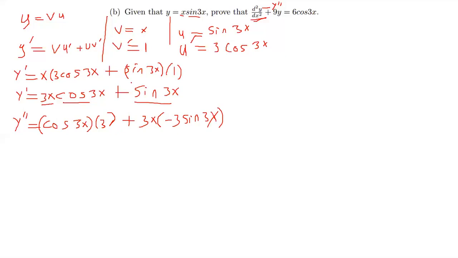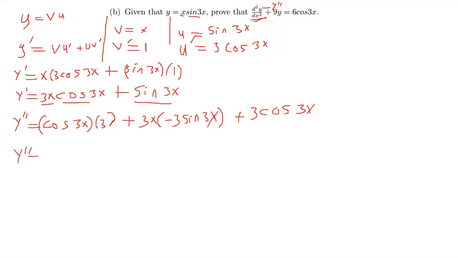Oh, I've forgotten to also find the derivative of this. The derivative of sine 3x is positive 3 cos 3x. Here what we do is we just simplify the expression now.